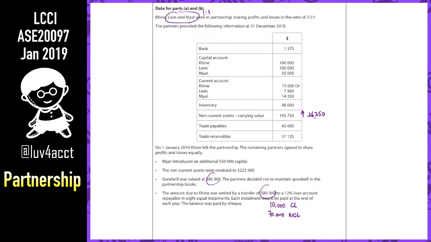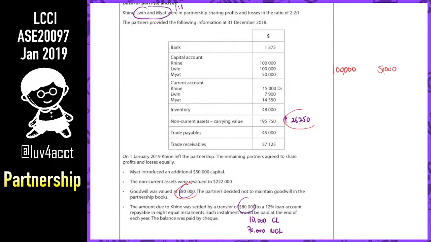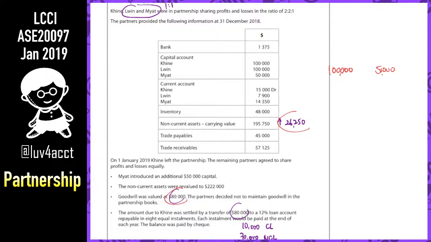The capital accounts of Lv and Matt have to be adjusted. There is revaluation gain, and there is also goodwill to be created and written off. So here I work on the calculation of the capital account first. 100,000 and then 50,000. For the revaluation, 26,250 divided by 5, it would be 5,250 for Matt.